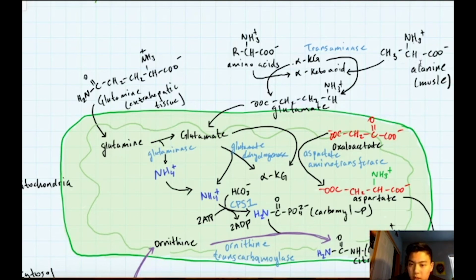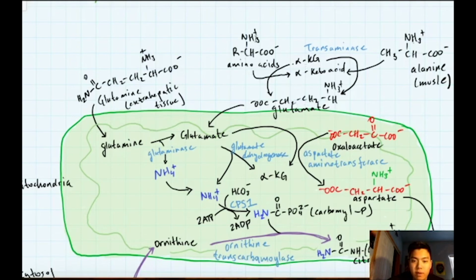And this is the same thing with alanine, okay? Except alanine will turn into an alpha keto acid, specifically pyruvate, which can also enter the citric acid cycle. But at the same time, we're also transferring that amino group onto our alpha ketoglutarate to make glutamate, all right?